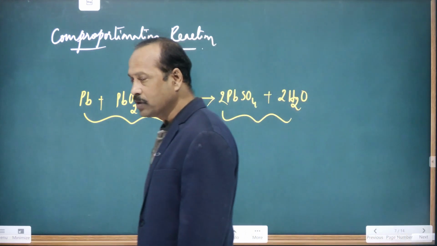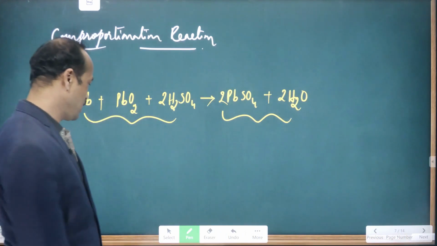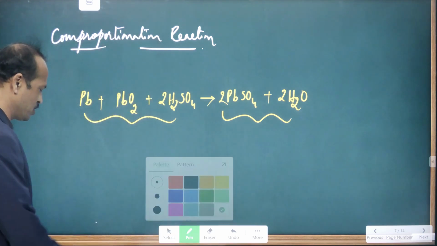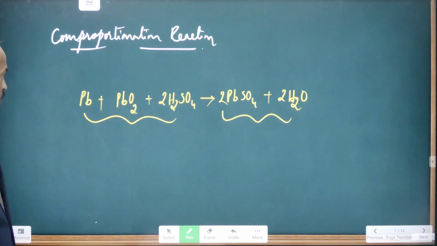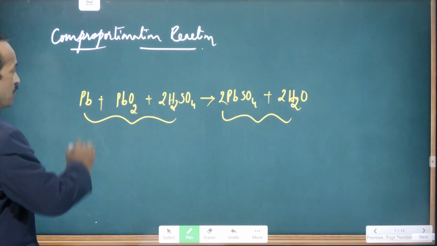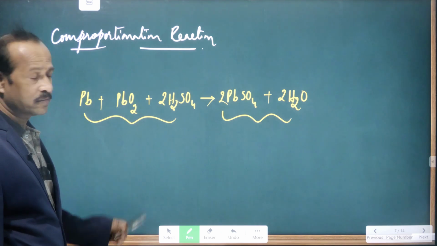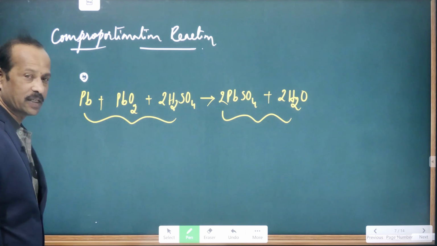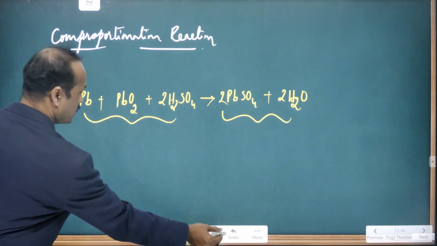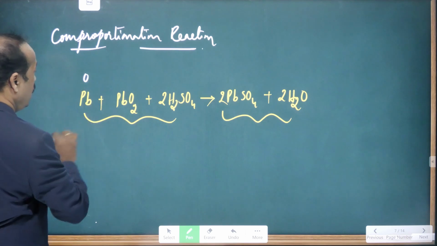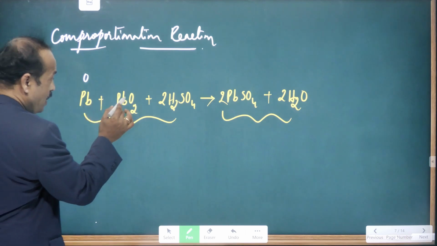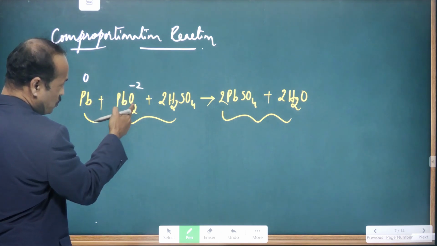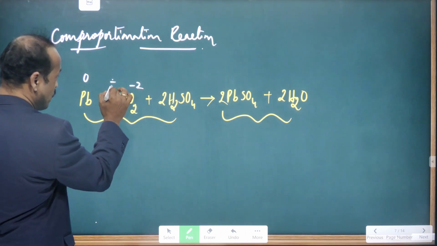Now let's write the oxidation numbers of this reaction. Come on, try now. You know how to write the oxidation numbers. What is the oxidation number of lead? As an individual atom, it is 0. In PbO2, oxygen is -2, two of them make -4, so to make it 0, lead should be +4.